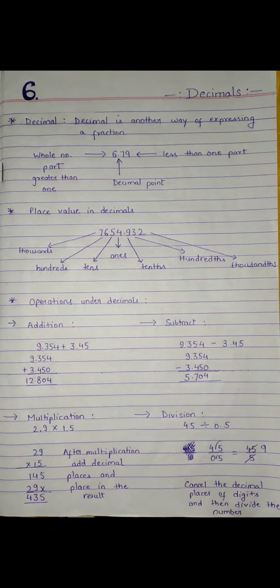For example, I'm going to multiply 2.9 by 1.5. So what I did exactly, I simply multiplied 29 and 15, and later on I got the result 435. After getting the result 435, I placed the decimal before 2 digits, that is 4.35 will be the answer.